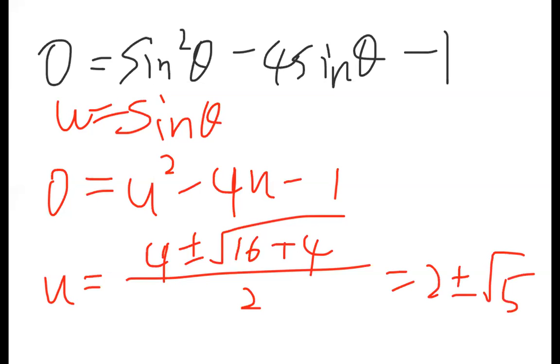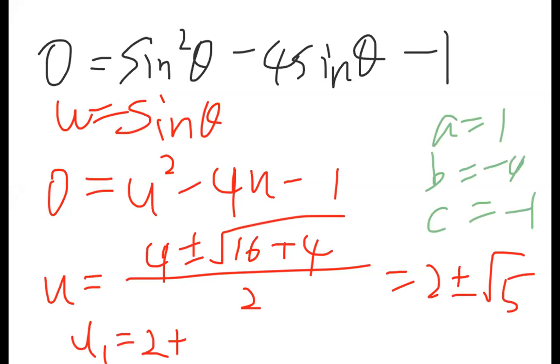I skipped the algebra. A is in this case 1, B is minus 4, and C is minus 1. All right. Therefore, one of the u values is 2 plus radical 5, and the other one is 2 minus radical 5.